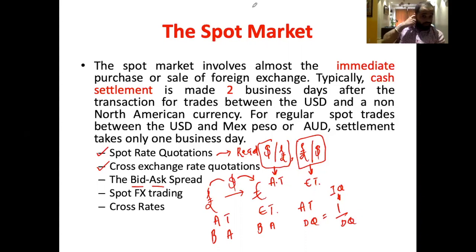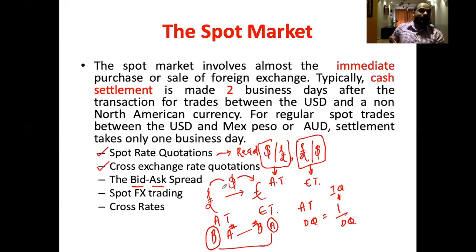So what we studied is that American bid, which is buy, equals European ask, all right? And American ask equals European bid. So that's going to be equal. That's what we looked at in the bid and ask spread.